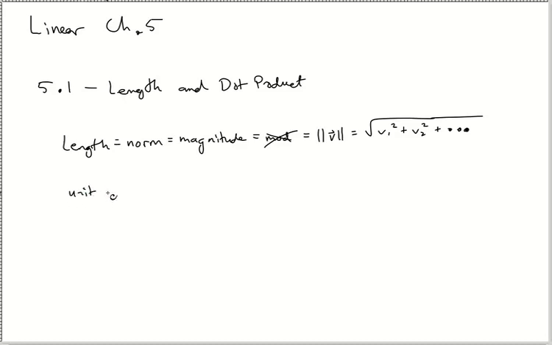Another one that we'll be seeing is unit vector. They often use U. U can mean all kinds of different things, so don't think U always means unit vector, because they'll be using U and V and W all over the place today.